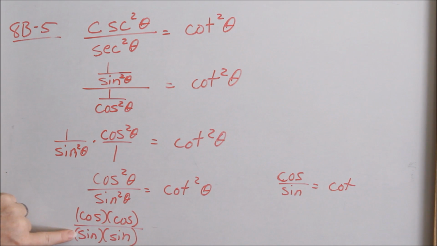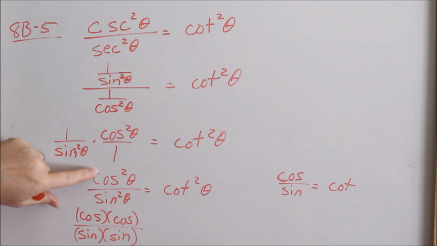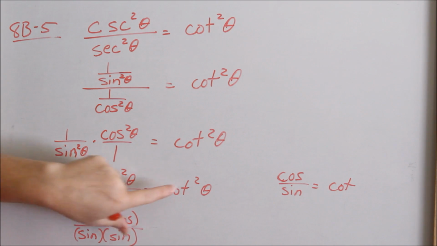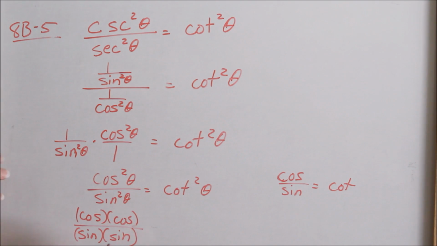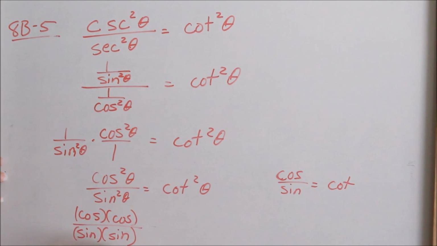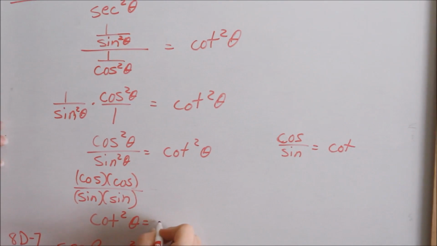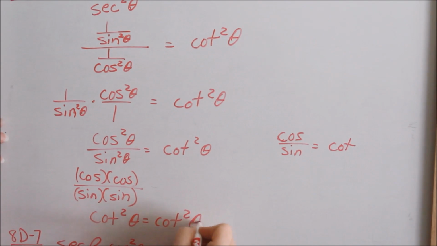Well, cosine over sine is a cotangent. Cotangent times cotangent is cotangent squared. So I'm just showing you this step to prove that when these are squared, then you still have a squared there. So basically then that is cotangent squared is equal to cotangent squared.